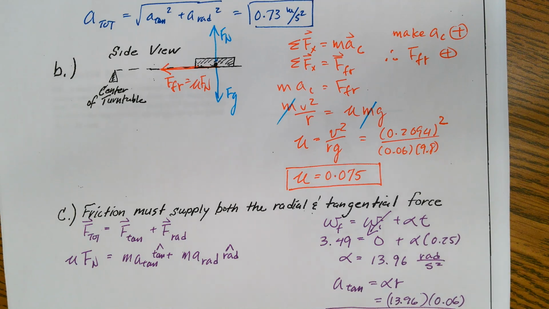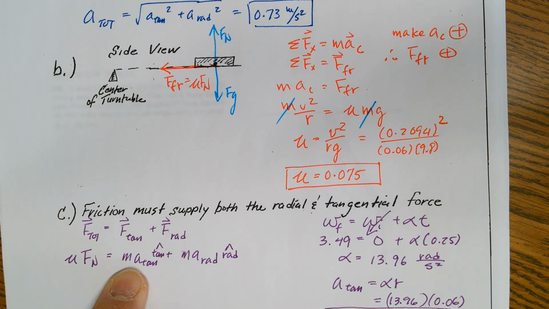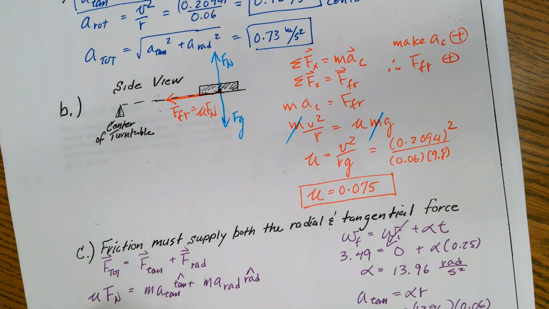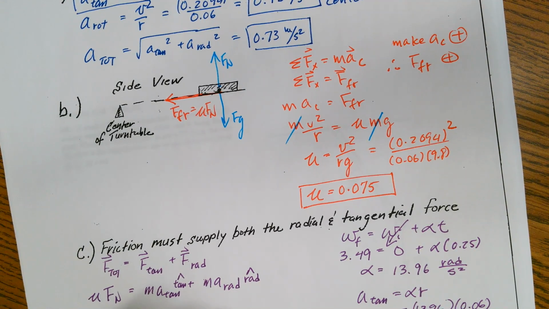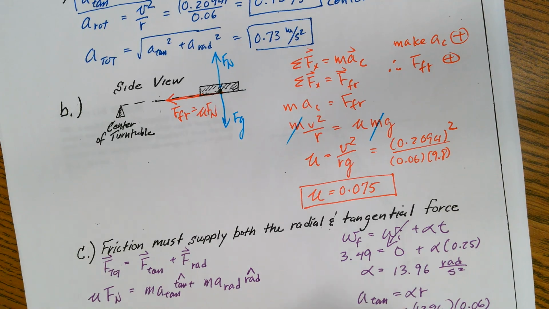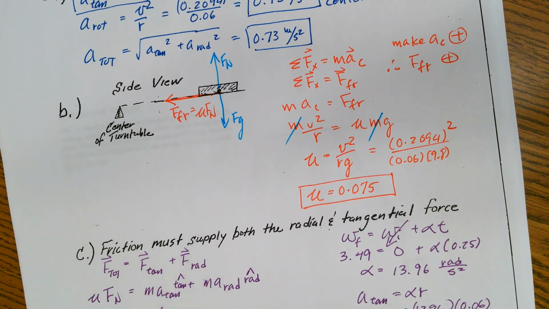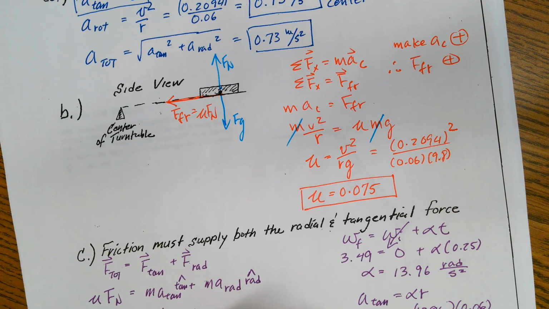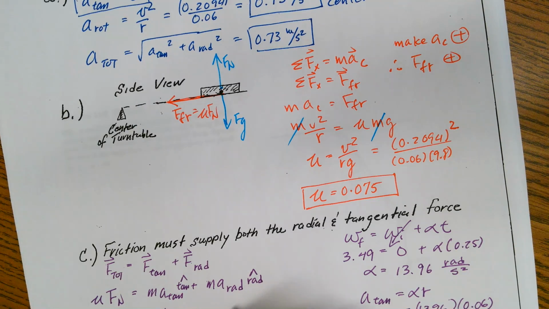Once we know that, we can calculate mu times mg is equal to m times 0.84, plus m times a radial.